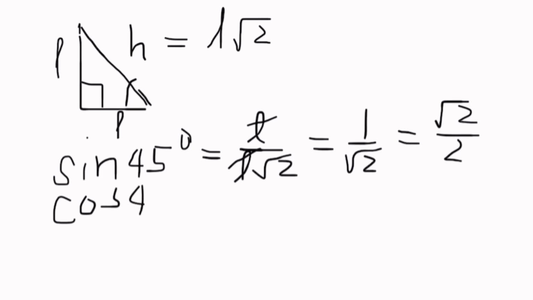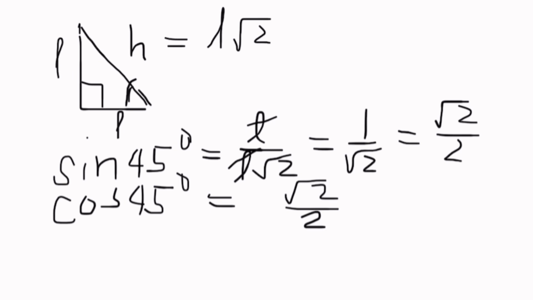Cosine of 45 degrees. If this is our reference angle again, cosine is adjacent over hypotenuse. So adjacent side is the same leg, then over hypotenuse. So if we're going to solve for cosine of 45, it's just the same as the sine of 45 degrees, which is square root of 2 over 2.